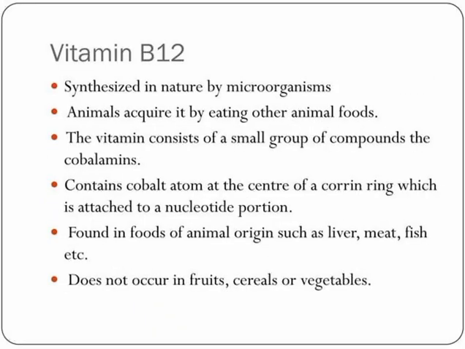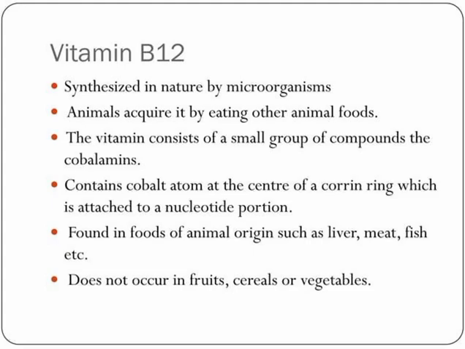Next one is vitamin B12. In the next slide, we are going to see what vitamin B12 is. Vitamin B12 is synthesized in nature exclusively by microorganisms. In animals, it may be obtained by consuming other animal-based foods.